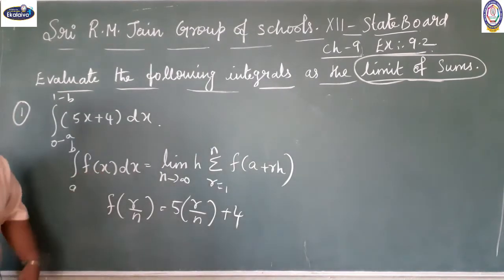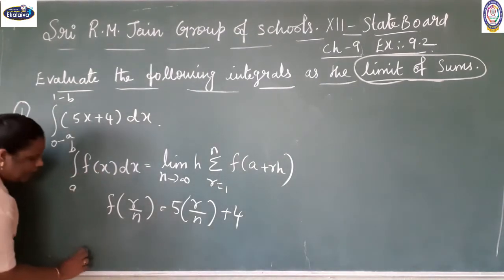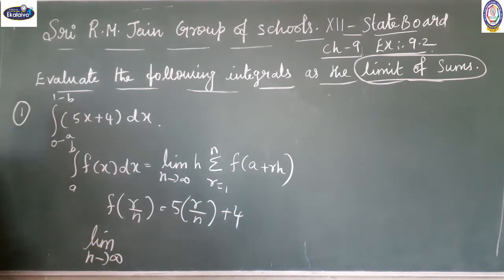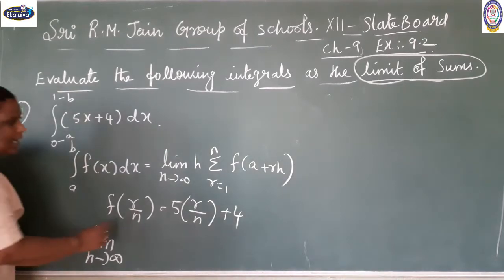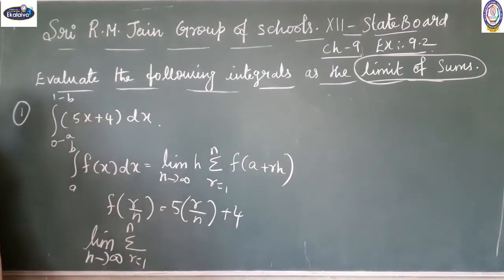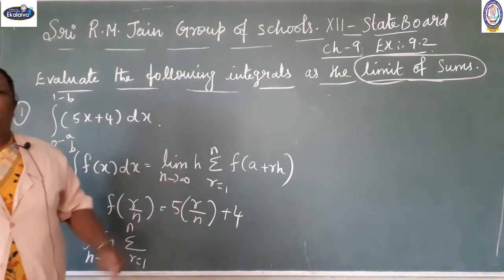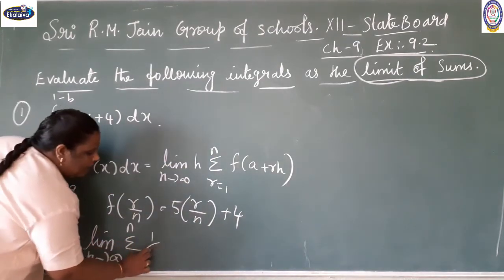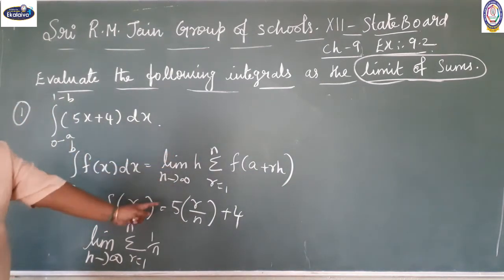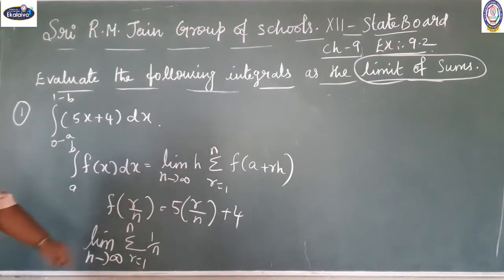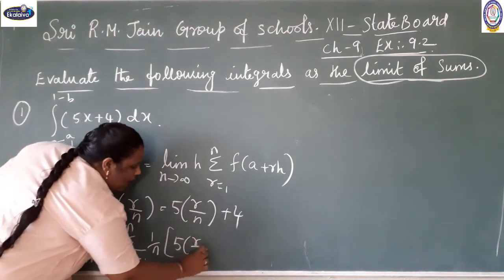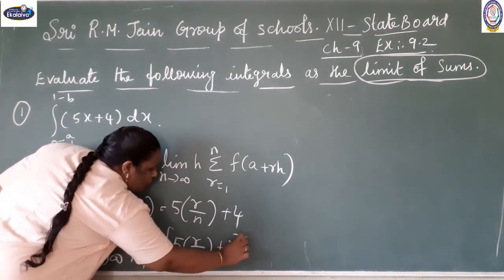So you can substitute here: limit n tends to infinity sigma r equal to 1 to n, that h value 1 by n into f of a plus rh. What is the value of that? f of r by n, which gives 5 into r by n plus 4.